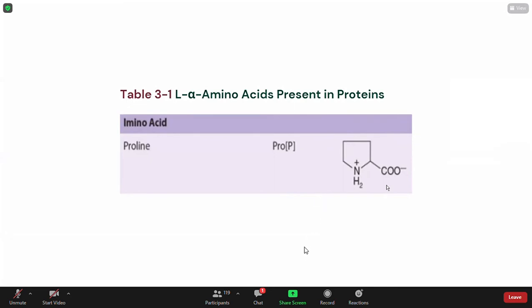Proline, here, you have a pyrrolidine ring. So this is your alpha carbon, beta, gamma, delta. Okay. So you have 1, 2, 3, 4, 5 carbons. What amino acids have 5 carbons?